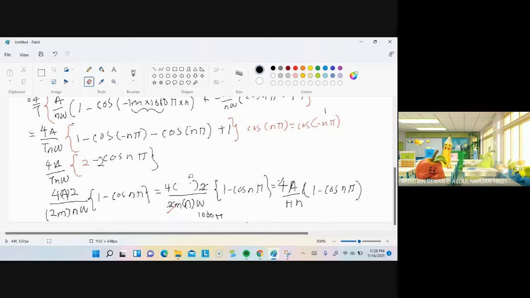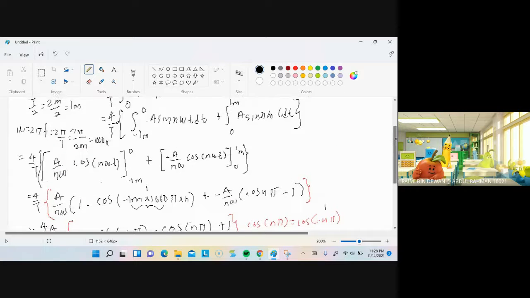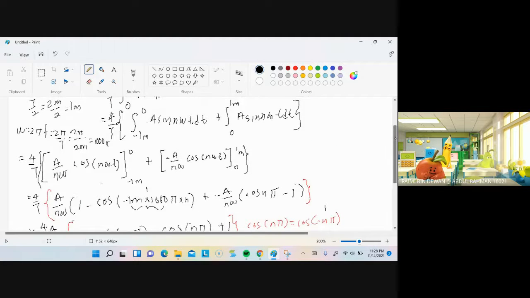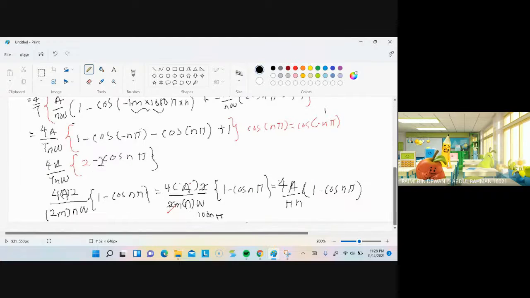We can just put this as A, and then your omega. Omega is 2 pi f over 2 pi, so it's 1000 pi. The n will be changed, and this one will be cut.